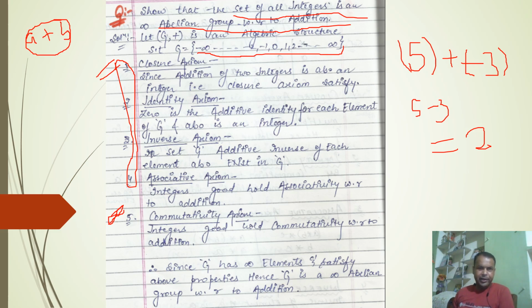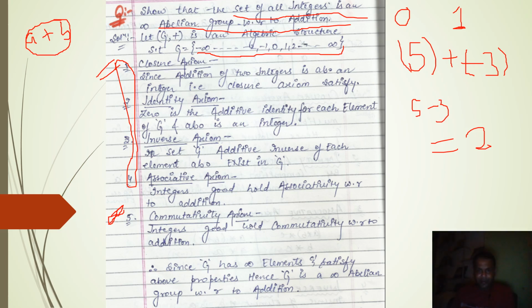Second is identity axiom. Here we are trying to prove that G is an abelian group with respect to addition. Student, please note it very carefully that 0 is always the additive identity while 1 is the multiplicative identity. If you have to prove any set of elements as a group with respect to multiplication, then you will focus on 1, because 1 is the multiplicative identity.